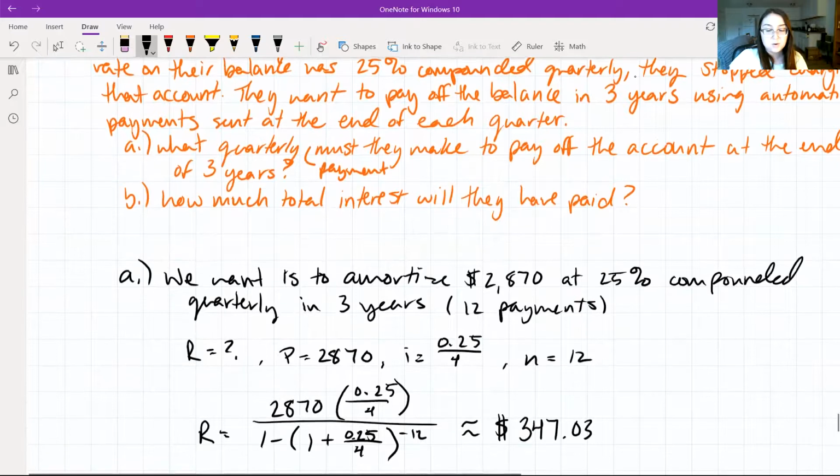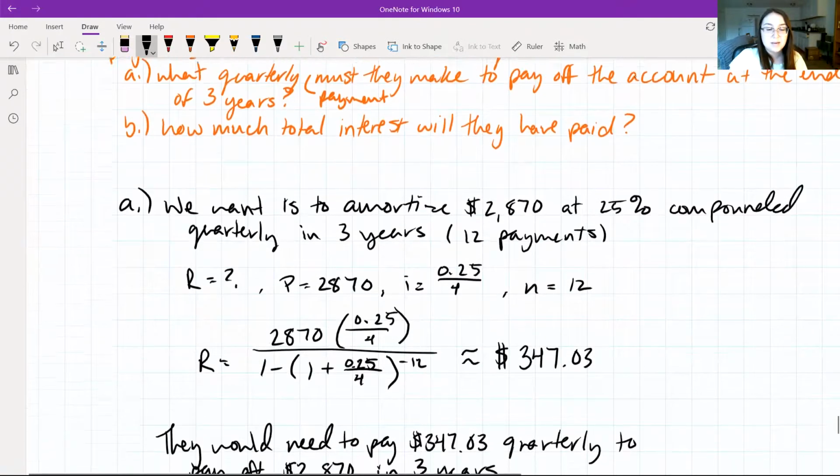But we want to know how much total interest they paid, not the amount of total money they paid.